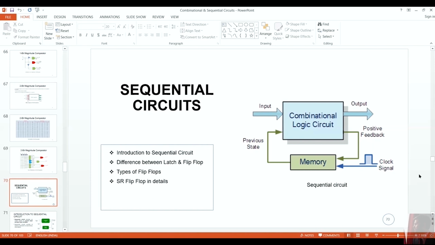When I talk about sequential circuits, we talk about combinational first, and then we attach a memory to that particular combinational circuit. That memory can be volatile, it can be non-volatile. The input to that memory can be synchronized, can be asynchronized, it can be clocked, it can be pulse, right?